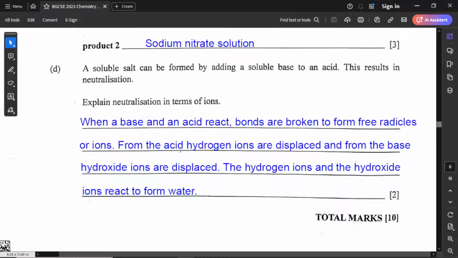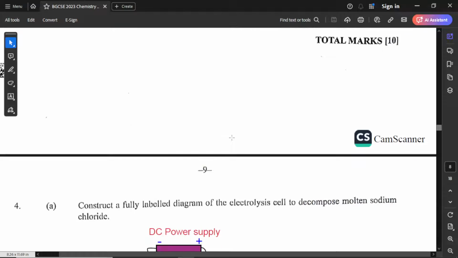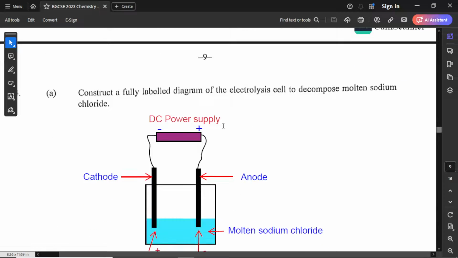So again, from the acid we have hydrogen ions, and from the base we have hydroxide ions. Then the hydrogen ions will react with the hydroxide ions and form water. And hence it will be neutral, because water is a neutral substance, and hence we call it neutralization. All right, so an acid reacting with a base is a neutralization reaction.